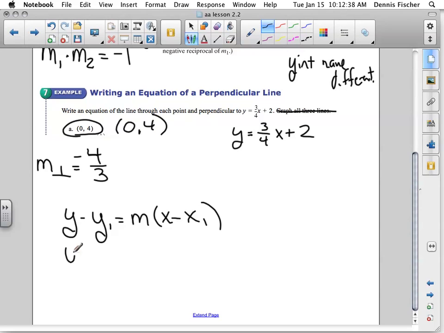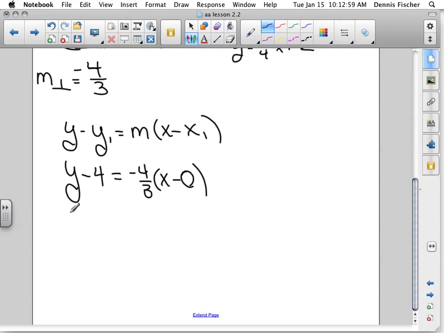So I have y minus 4 equals -4/3 times x minus 0. Plug it in. Now if I solve this, y minus 4 equals negative 4/3 x.